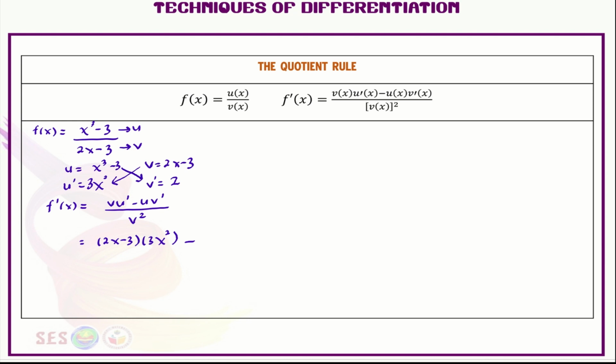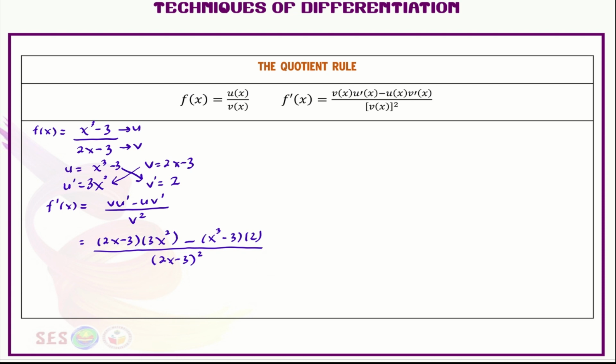So u v prime is x cubed minus 3 times 2, and everything is divided by v squared, which is (2x minus 3) squared.